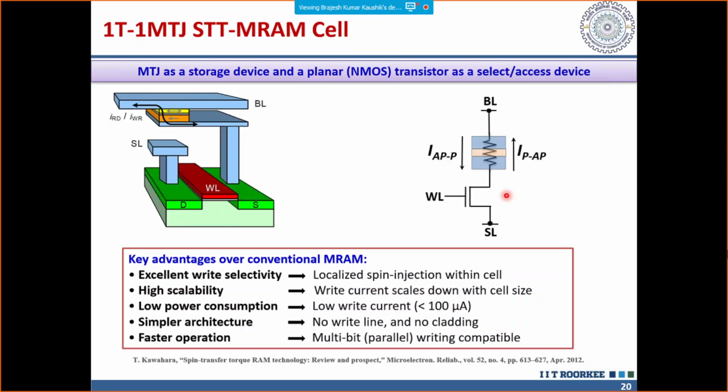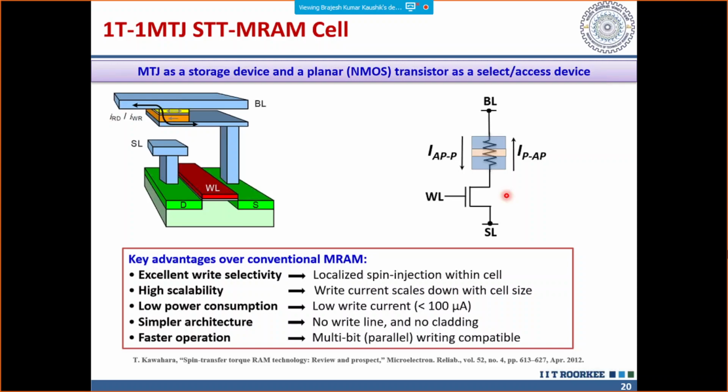Now, what are the key advantages over conventional? It has excellent write selectivity, it has high scalability, and the write current scales down with your cell size. It has low power consumption also. The current would be lower than 200 or 100 microamperes.